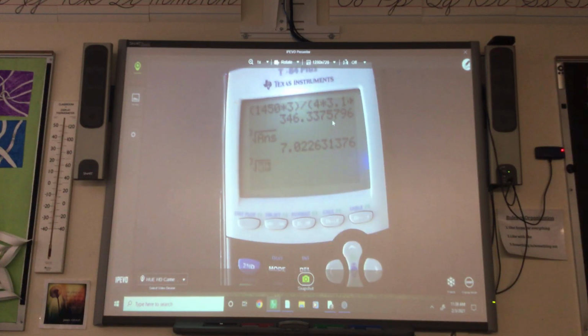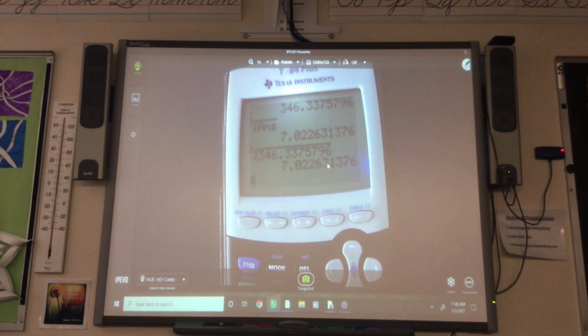So 1, it took me longer to do that. 2, look at what the answer is. It does say it's exact right here, but it's not going to give you the exact answer. No, I'm saying, look, this is all you have to do. You just type out the question, before even getting 346.